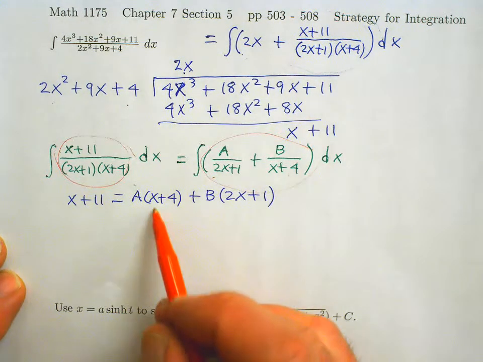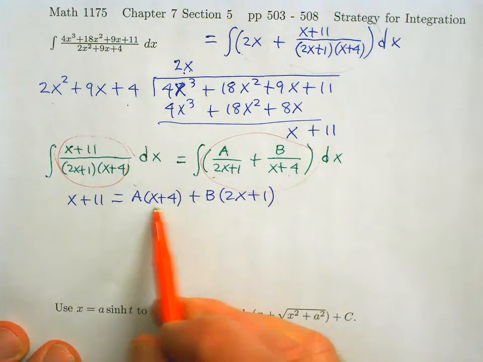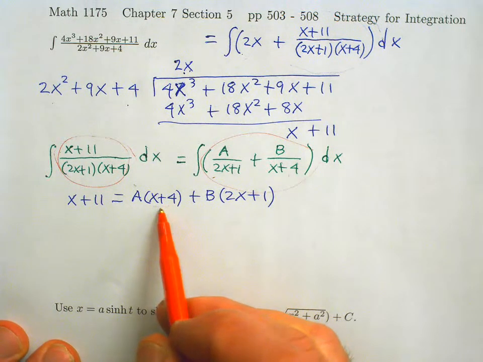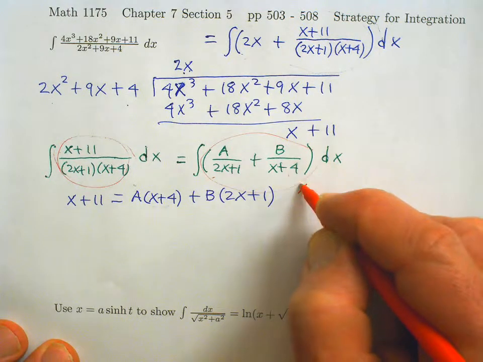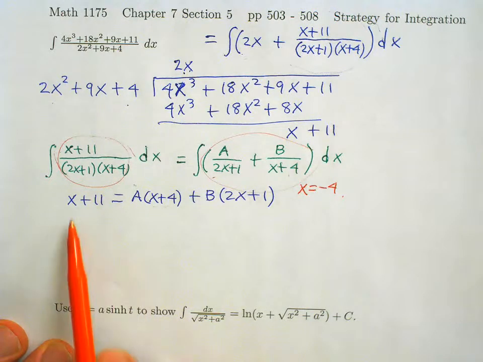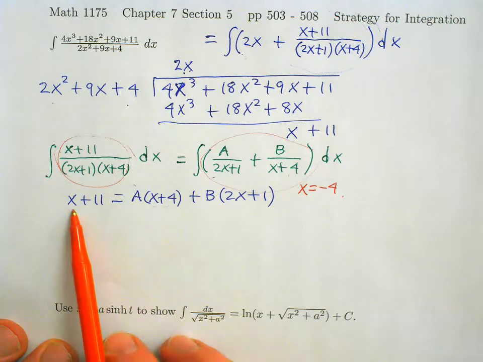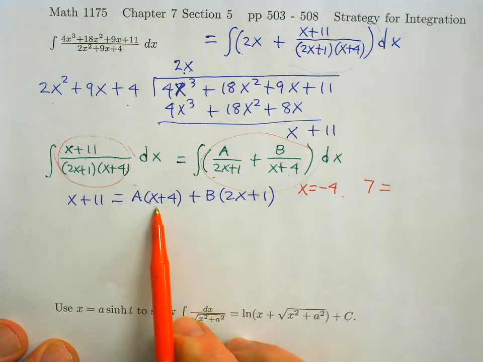Okay, so one thing we can do to find a and b, since this factor x plus 4 is 0 when x is negative 4, let's first assign x to be negative 4, then replace every x with negative 4. So on the left-hand side, negative 4 plus 11 is 7. This factor is 0.